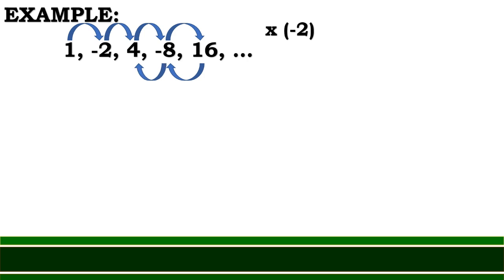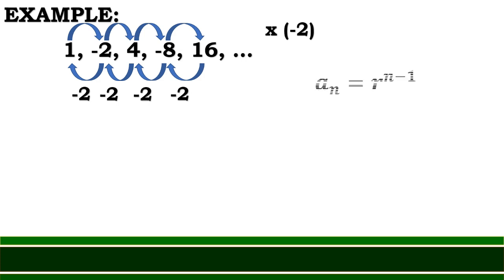Okay? So we are going to divide the preceding term by its previous term. Okay. If you are going to divide 16 divided by -8, -8 divided by 4, 4 divided by -2, -2 divided by 1, that all gives you -2. And -2 here is called common ratio.